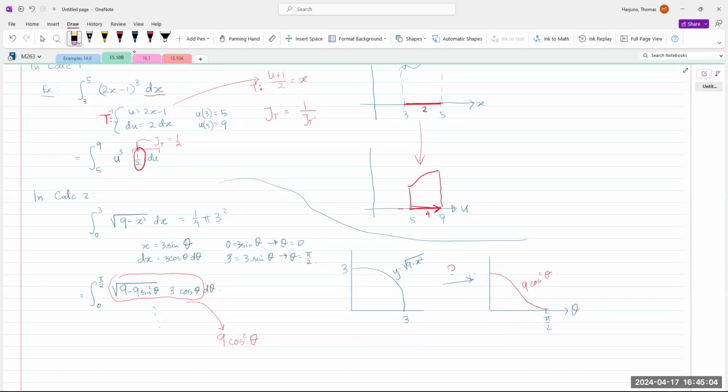In fact, if you think about it, it's actually being sectioned this way. We dissect it this way, to be like this. So for example, from 0 to pi over 20, the area we have here is the same as the area we have here.